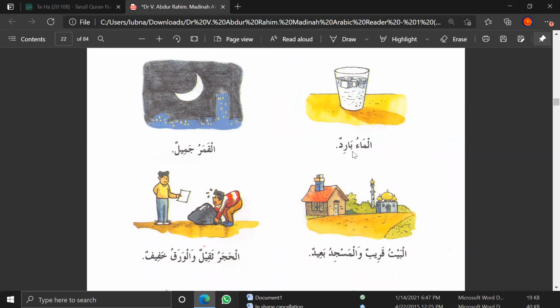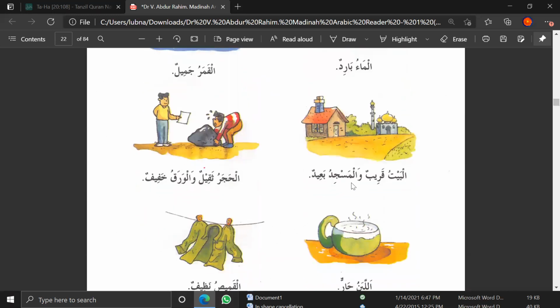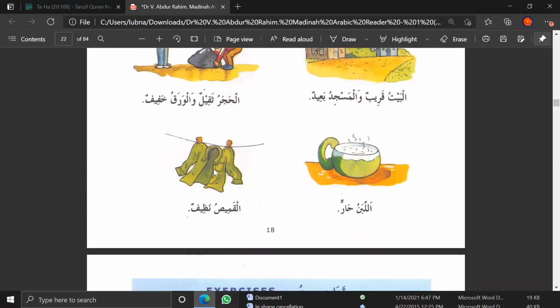Al-ma'u baridun. The water is cold. Al-qamaru jamilun. The moon is beautiful. Alhamdulillah, mashallah. Al-baytu qaribun wal-masjidu ba'idun. The house is close and the masjid is far. Shabash.